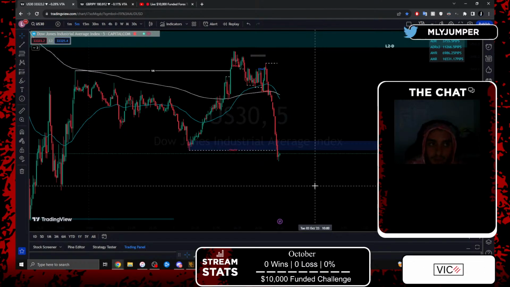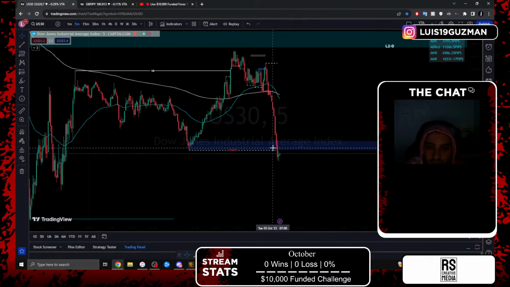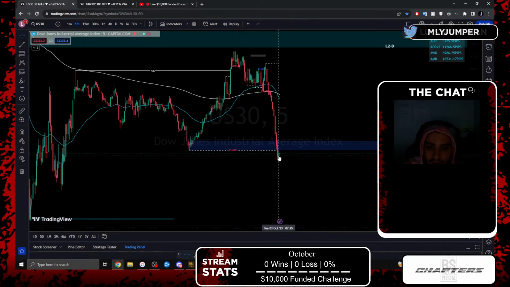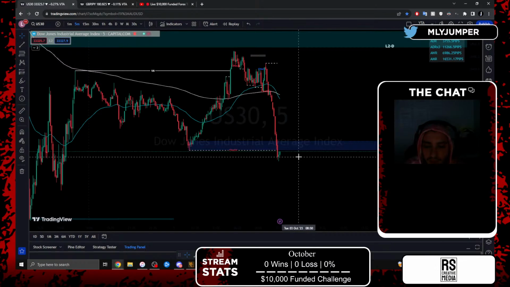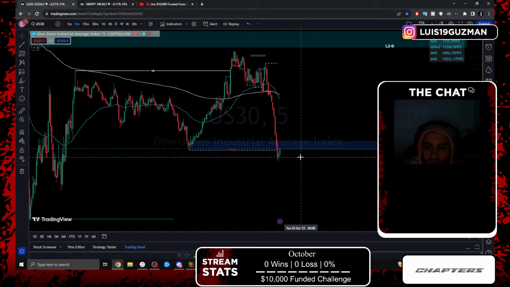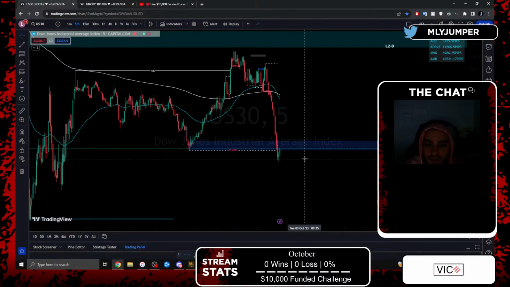We got the 5-minute break, the 5-minute breakout, the confirmation. I want to see a retest. We got a little green candle push to the bottom. Retest of the zone. Perfect.